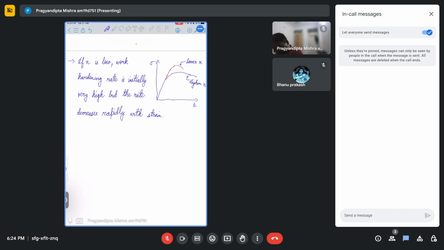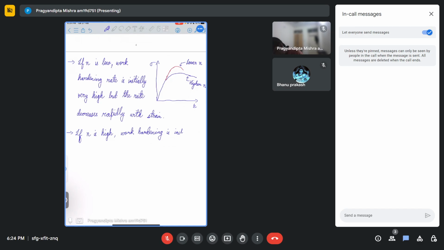On the other hand, if you want to see the vice versa, if n is high, work hardening is initially less rapid. Okay, so initially your work hardening value will be less rapid, as you can see from the graph.